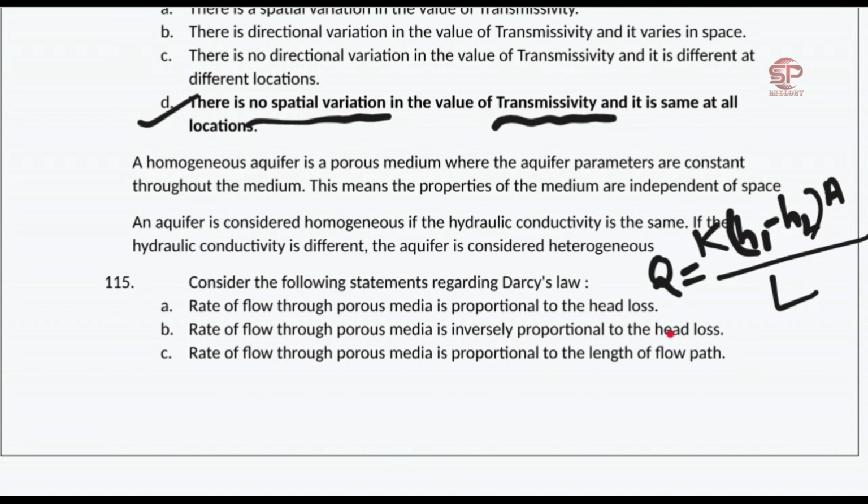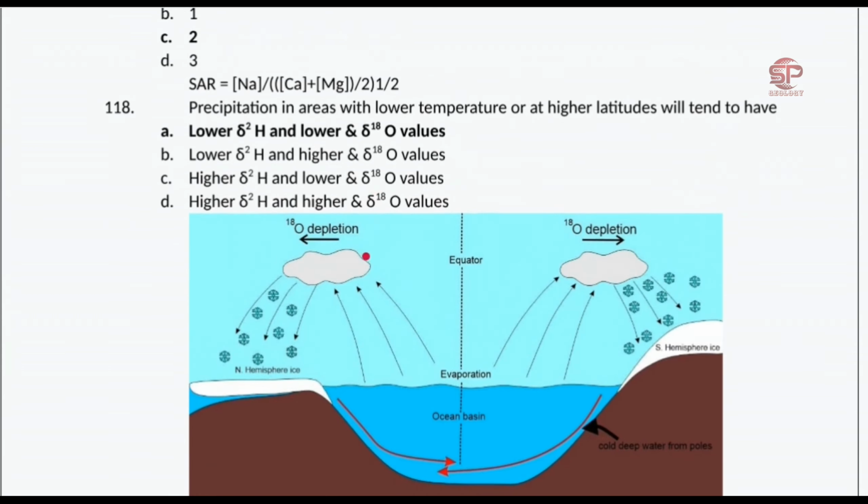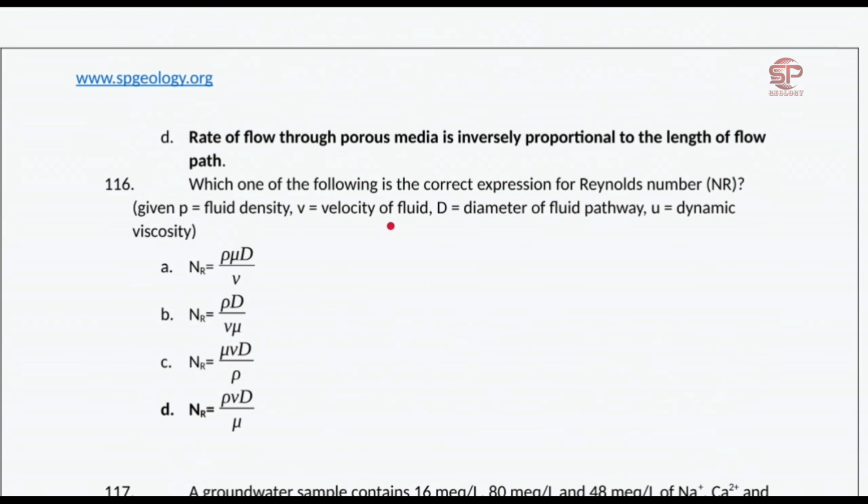Then inversely, it is wrong. Then rate of flow through porous medium is proportional to the length, it is inversely proportional, so this option is also correct. So option A and option D both are correct. You have to wait for the answer key.